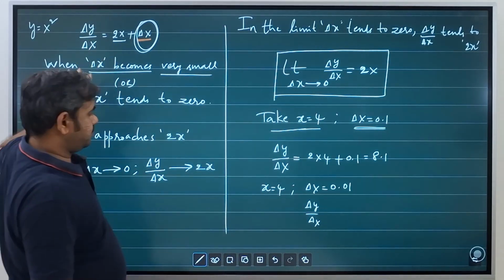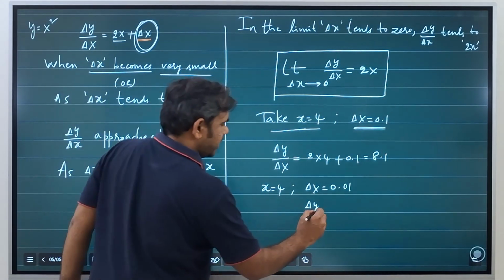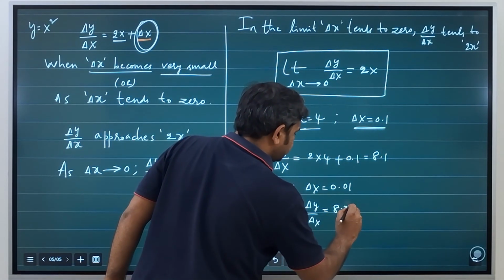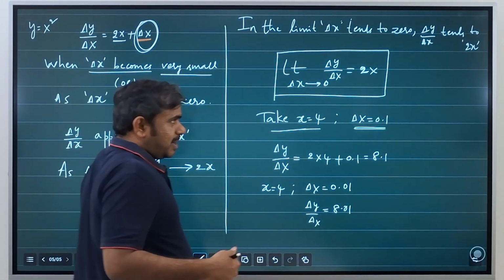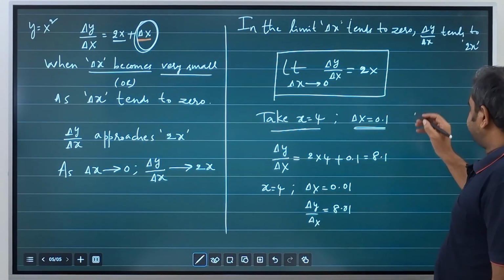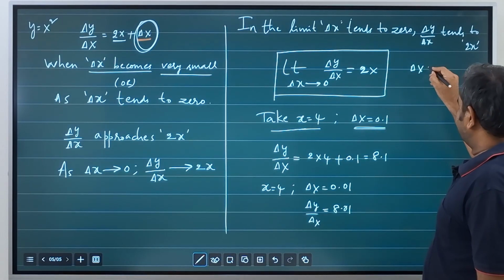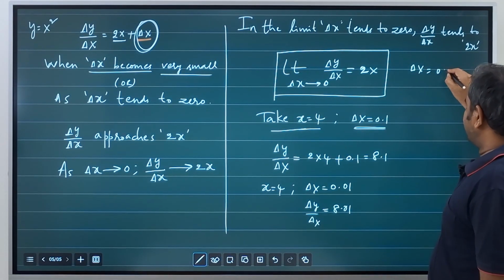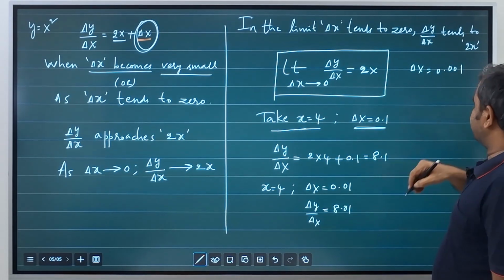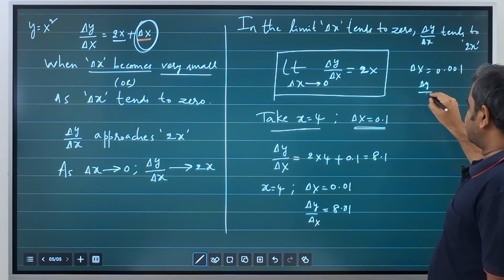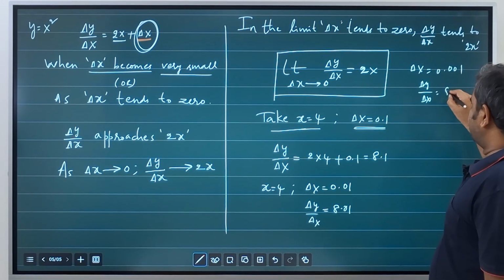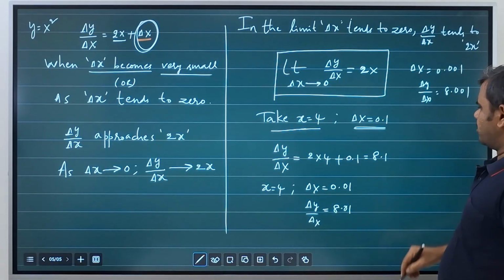Substitute them here. You will get 8.01. Make delta x even smaller. Let's say now delta x is equal to 0.001. Now you will get delta y by delta x is equal to 8.001.